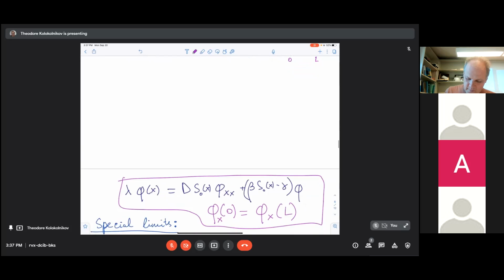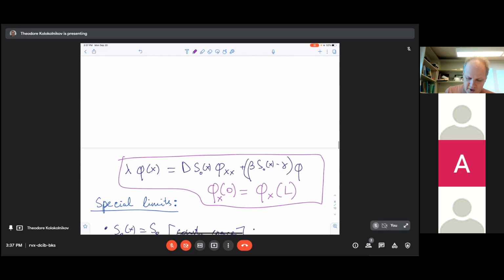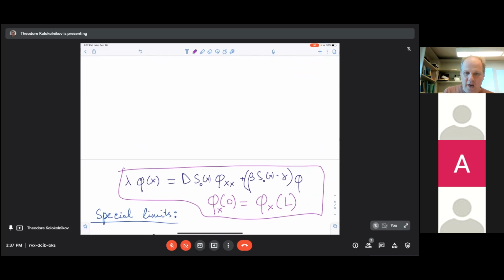Okay, so that's where we start. Now, in general, this is an ODE eigenvalue problem, and S0 of x is completely prescribed. It's arbitrary. So there is no explicit solution for general S0 of x for this second order ODE. But there are certain limits that we can do.